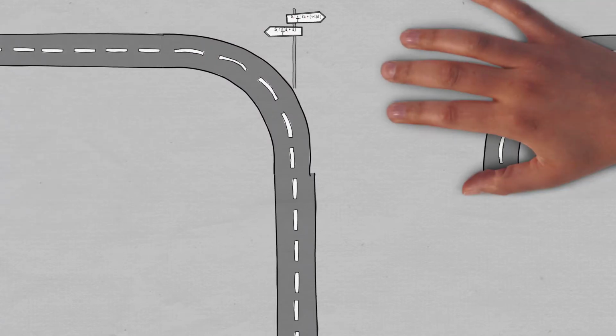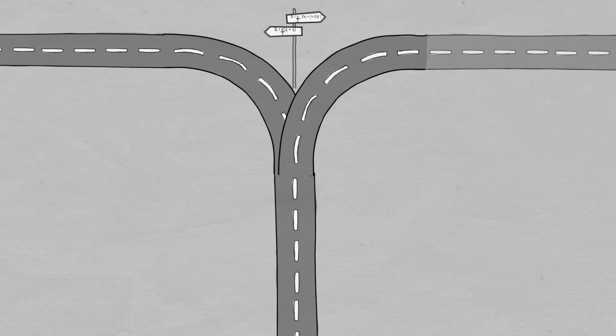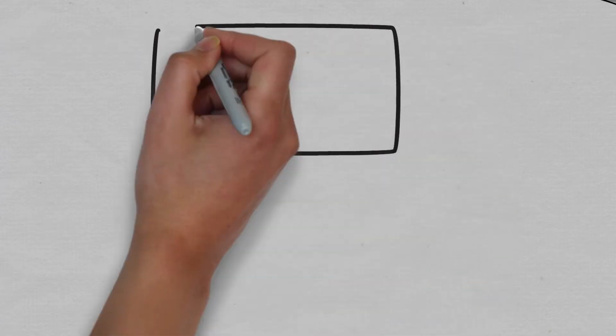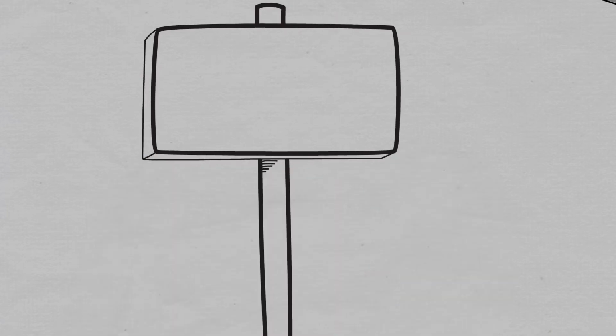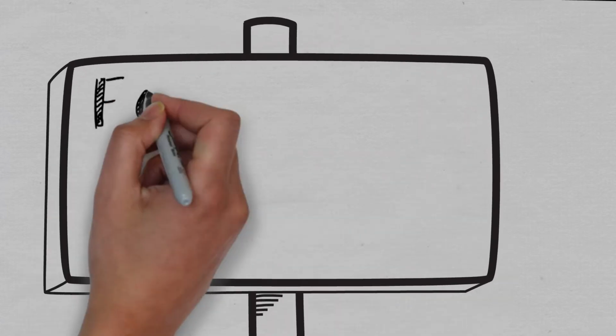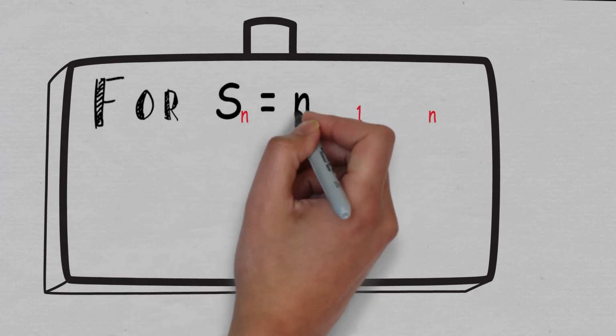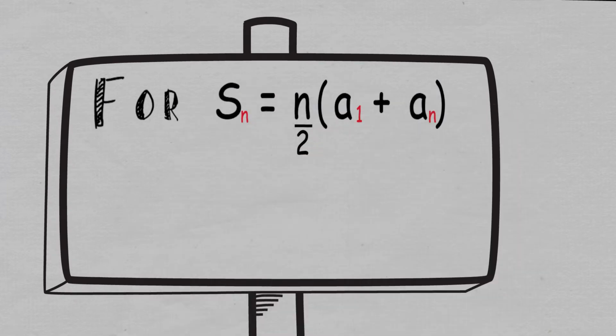So right now, let's answer those questions, for us to be clarified on what formula we would use. For the first one, the sum of terms is equal to N over 2 to be multiplied by the sum of the first term and the last term.